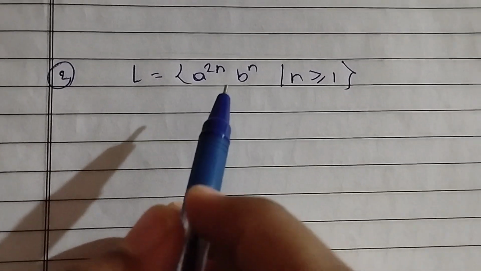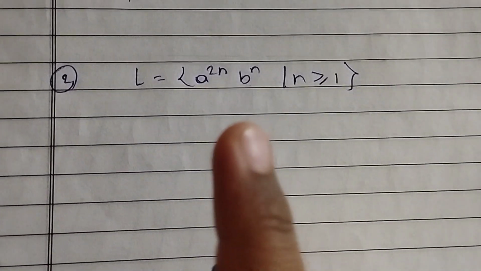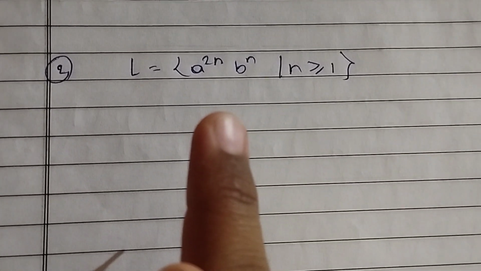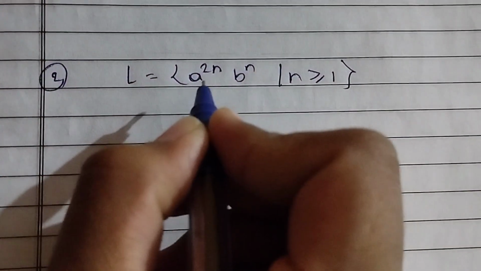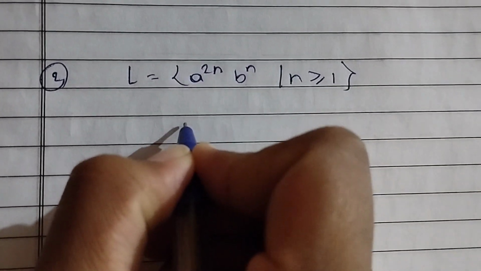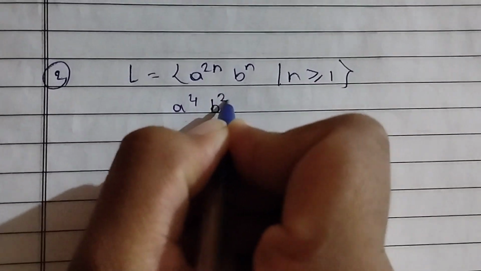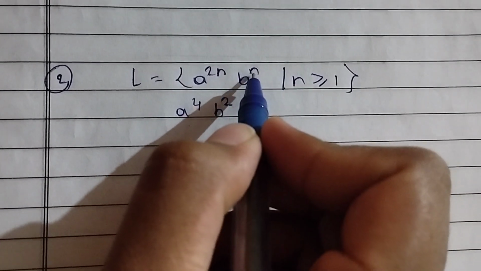Here vice versa, when we read 2 a's, we push only 1 a. Let's suppose n is equal to 2. So a raised to 4 and b raised to 2, we consider n is equal to 2.